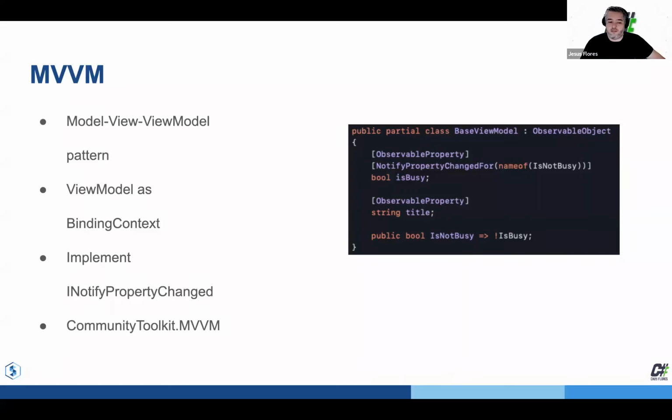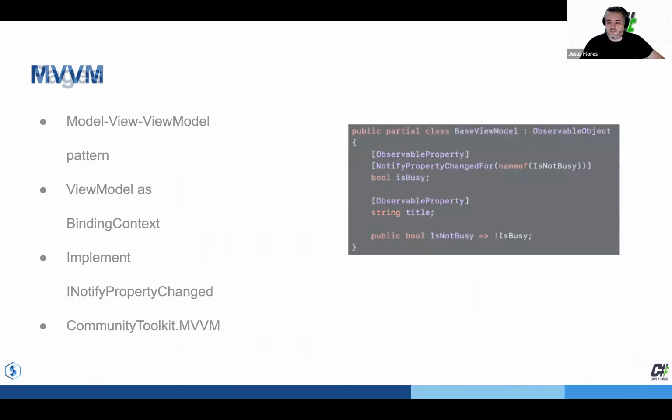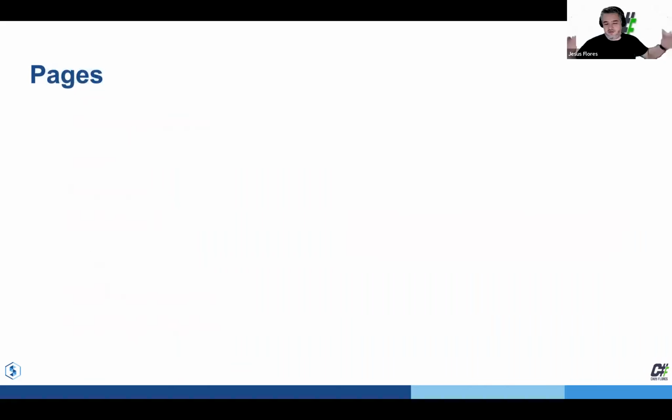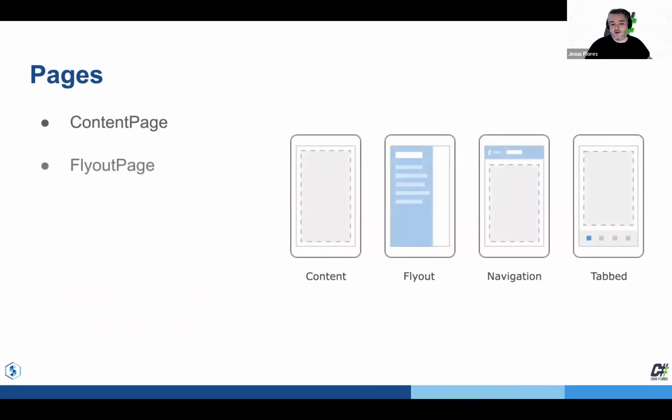Also, MAUI provides some pages. This is for structuring your UI. There are content pages, flyout pages, navigation pages, and tabbed pages. On your iPhone, you've probably already seen some applications where the flyout is the menu that you swipe to the left or to the right and it appears there.